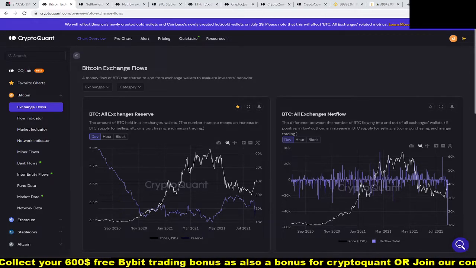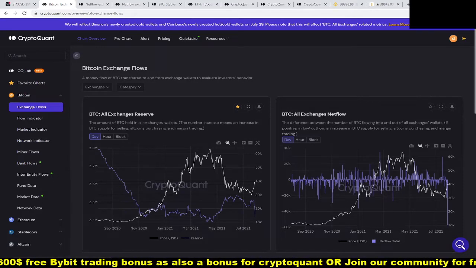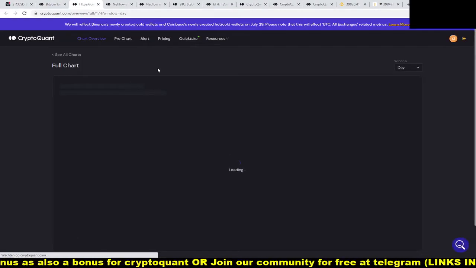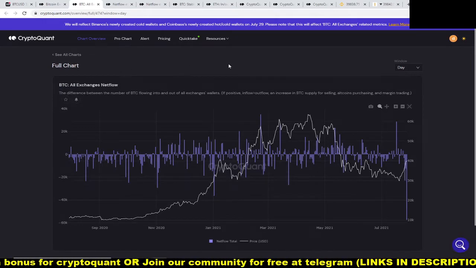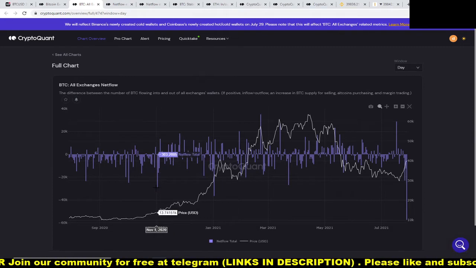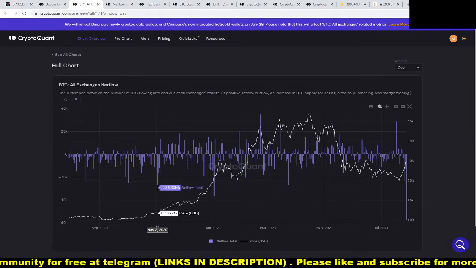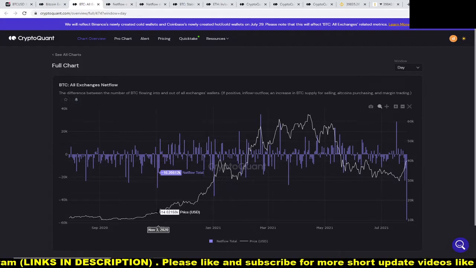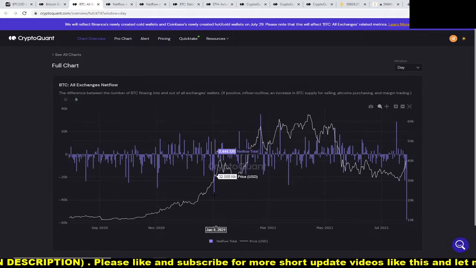So here you can see Bitcoin all exchange net flow. I'm going to enlarge this one so you can get a clear picture of it. Whenever you see spikes to the downside, you get a huge spike in the price, as you can see right here or right here.